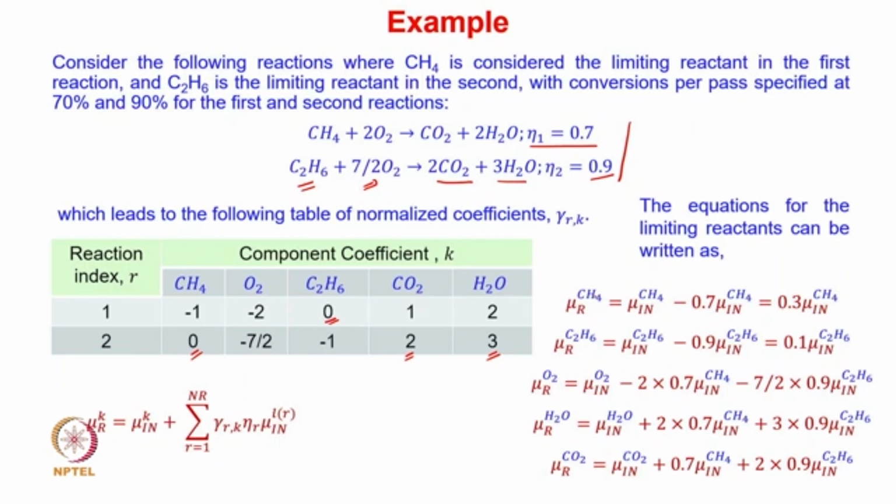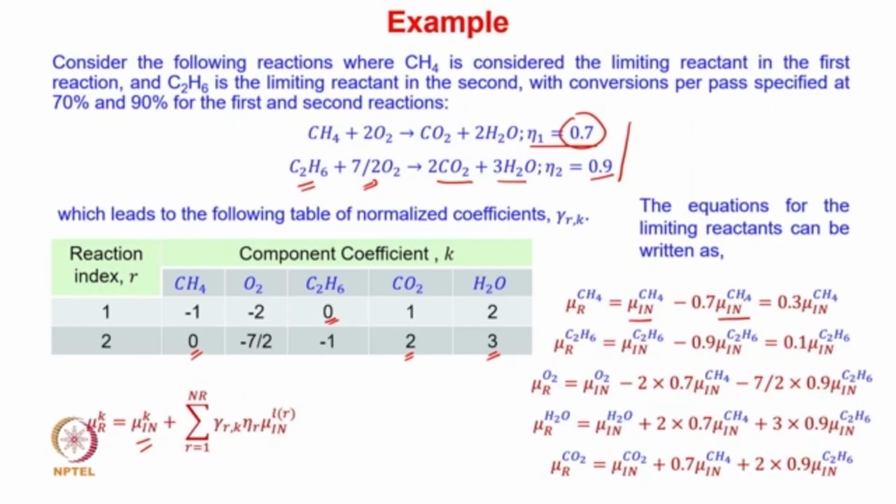So mu r CH4 is nothing but the mass balance of the methane. So mu r CH4 will be given as mu in CH4 by using this equation, and then we are trying to see whether the methane is getting consumed or produced in different reactions or not. In this case you can see that it is getting consumed, so that becomes mu in CH4, and the conversion is 0.7, so minus 0.7 mu in CH4.